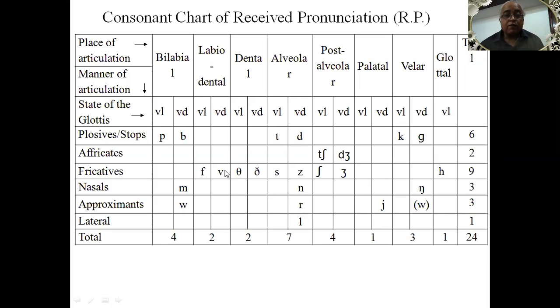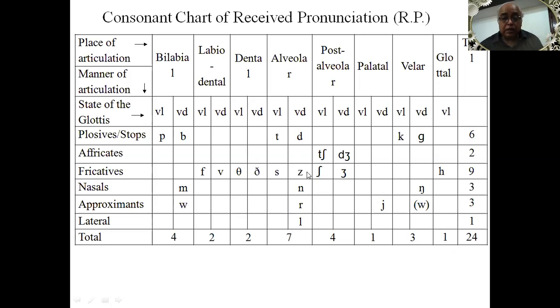Fa, va, tha, dha, sa, za, sha, zha, ha, 9 fricatives. Nasals, ma, na, nga, 3 nasals. Wa, ra, ya, 3 approximants. La is also another approximant, a lateral approximant, is 1. So there are 24 of them.